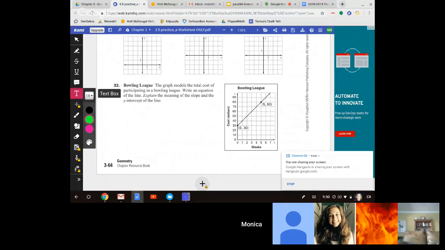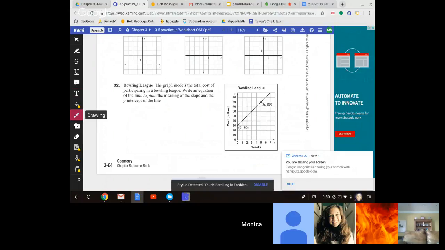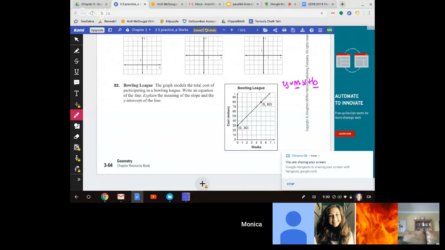And then you're going to need to know your slope and your y-intercept, okay? Now on this graph, you can calculate your slope, okay?